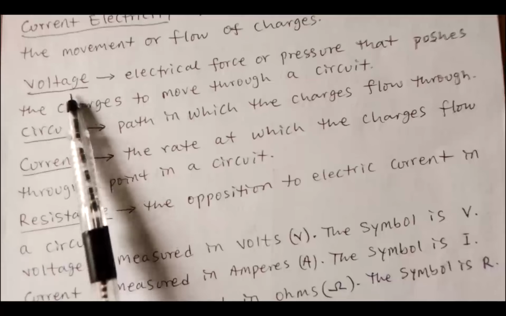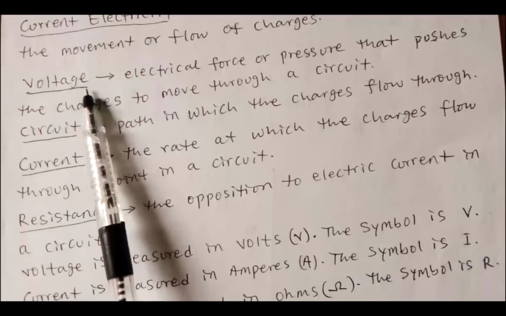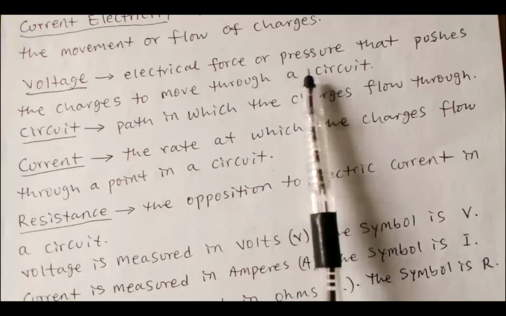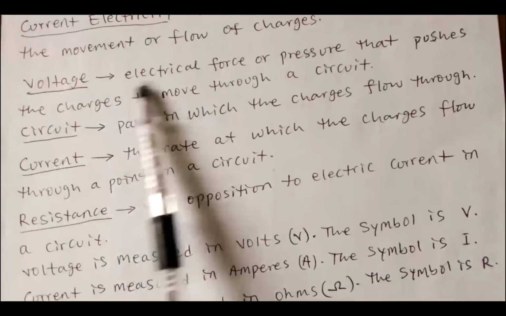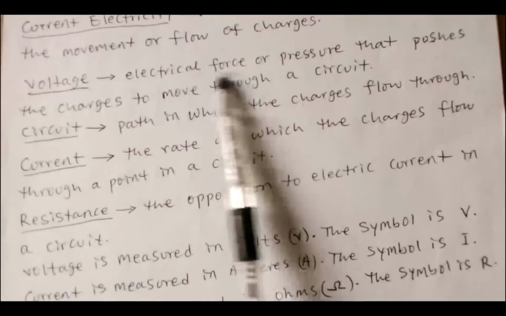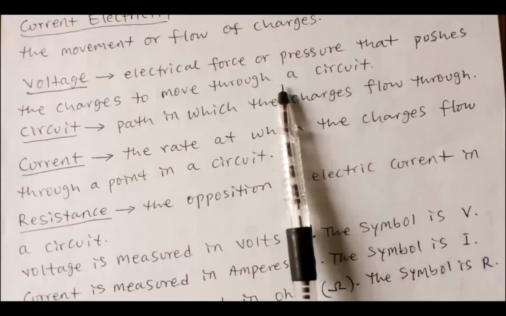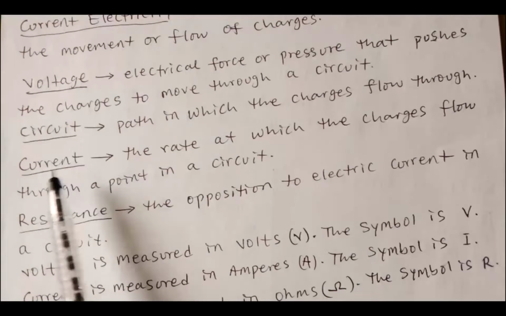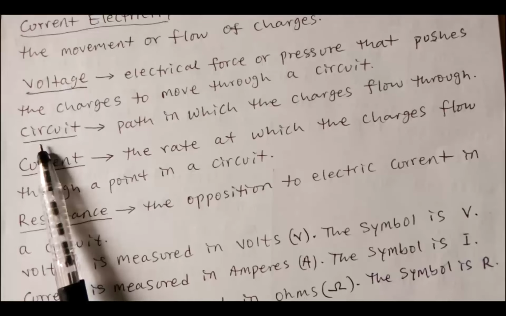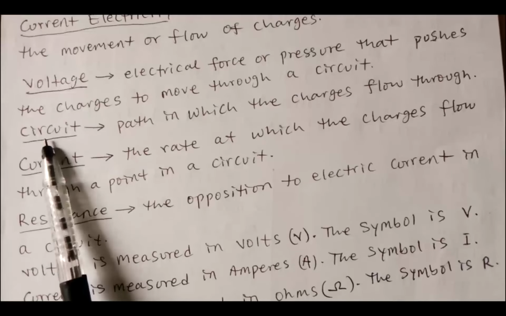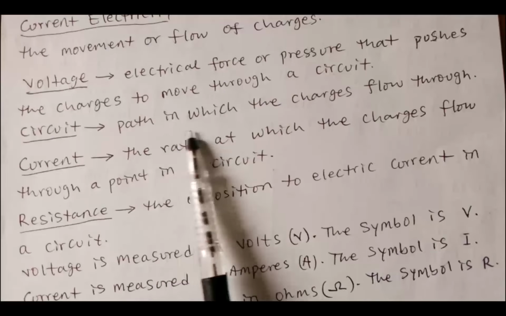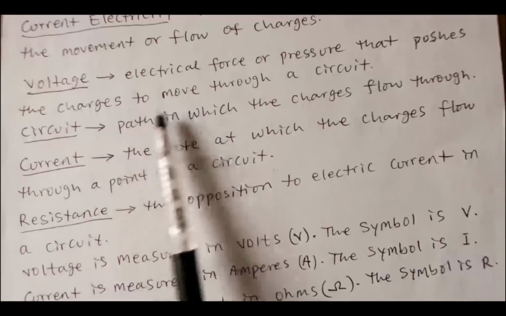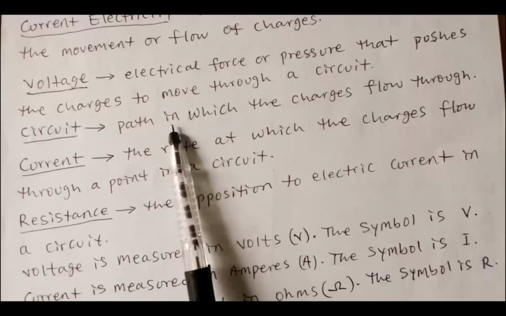So that force that makes the electrons move through the conductors, through the semiconductors, or through a circuit is known as voltage. Then what is a circuit? A circuit is simply a path in which the charges flow through. So that's why we have electrical circuit.